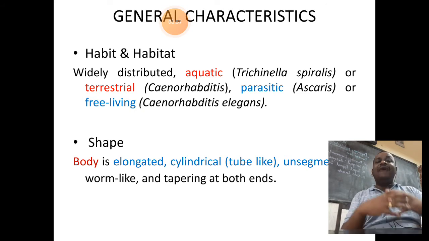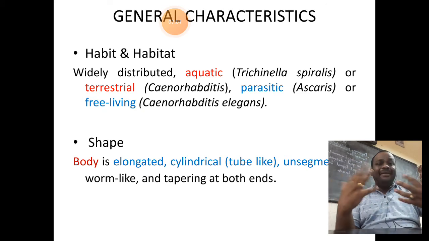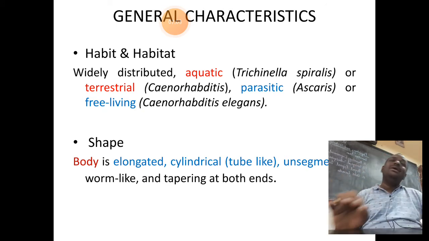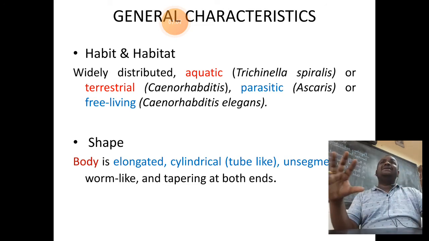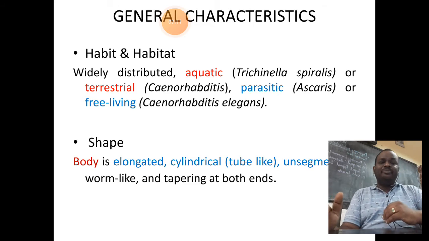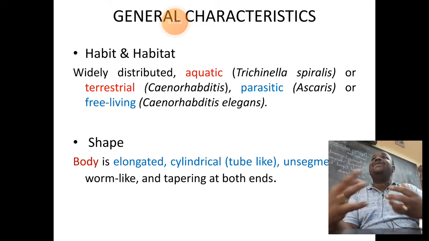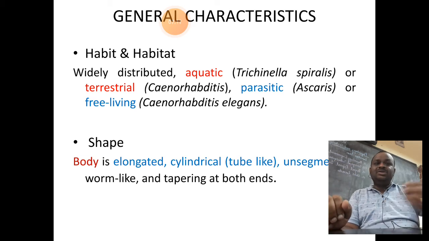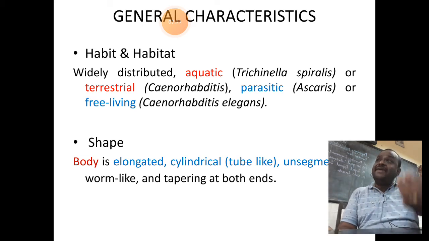They also affect the normal function of the pancreas, so we call it pancreatitis. It causes damage to the pancreas also. They do cause infectious jaundice. So there are a few symptoms related to the infection of Ascaris in the human body.